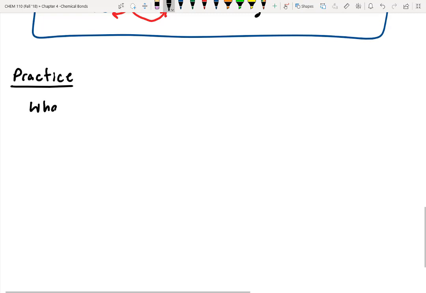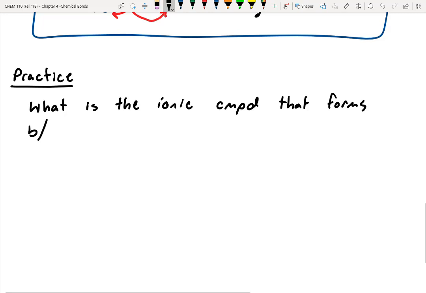What is the ionic compound, and I'll just abbreviate compound, that forms between magnesium and nitrogen?